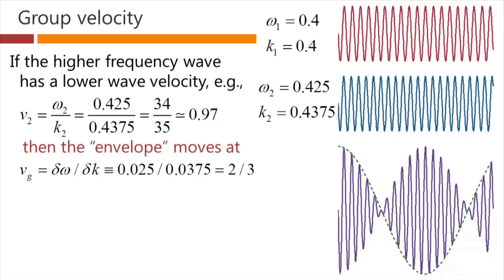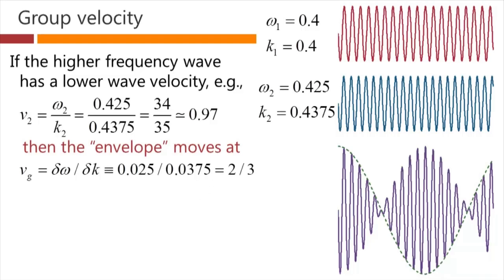Our ratio then of delta omega over delta k is going to be the ratio of the difference between this frequency, 0.425, and that one, 0.4, over the difference between the two k vectors, the difference between 0.4375 and 0.4, and that's 0.0375.